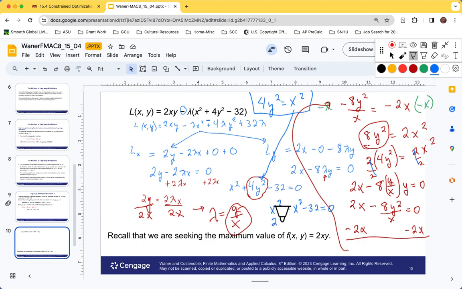That gives us 2x squared. Add 32 to both sides. Divide by 2. You get x squared equals 16. Take the square root, and you get that x equals plus or minus 4.